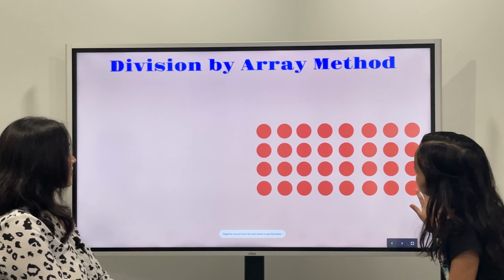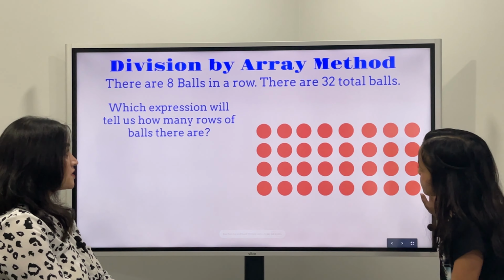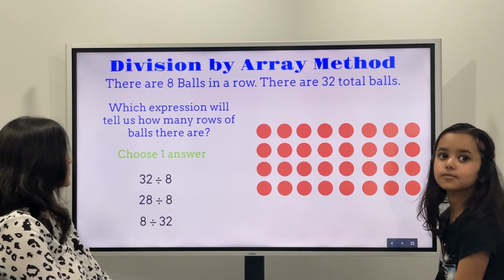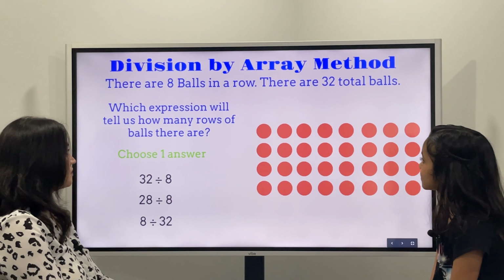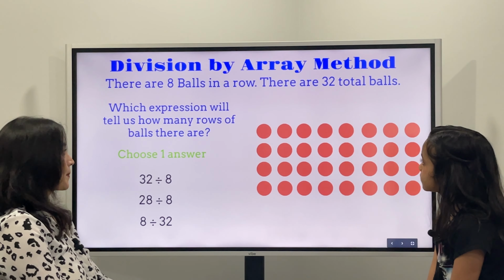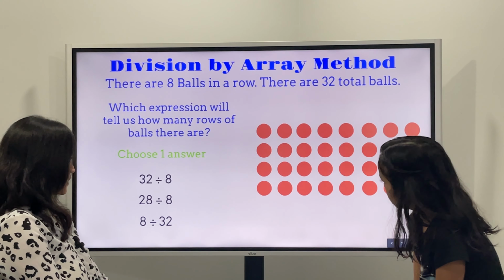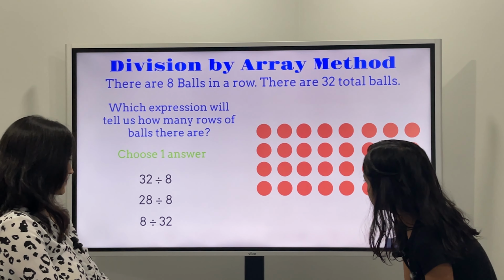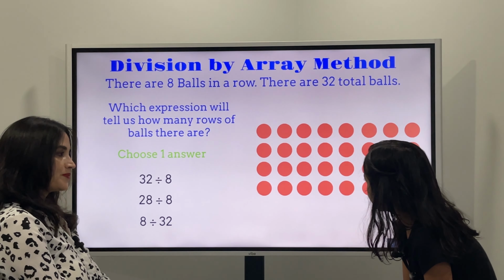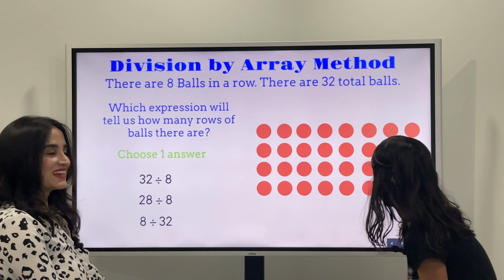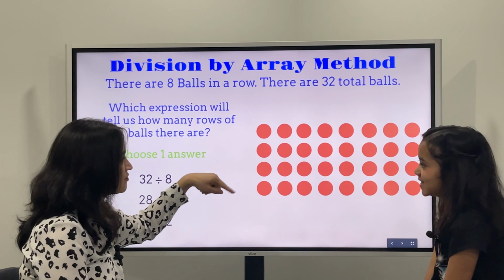Next. There are 8 balls in a row. There are 32 total balls. Which expression will tell us how many rows of balls there are? Choose one answer. So what do you think? It's the 4. First one.